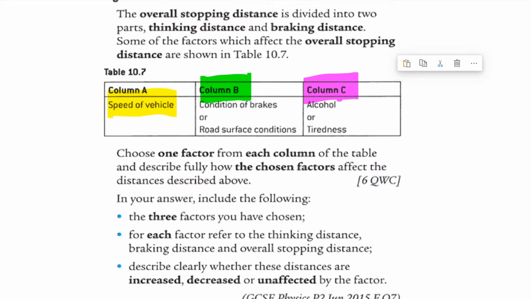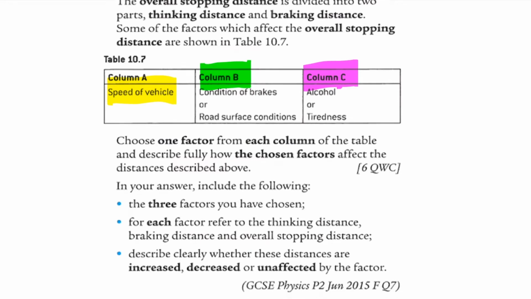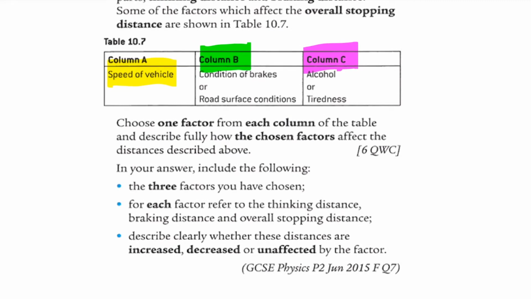It's a 6-mark question. So it's not going to be a 1 or 2 sentence answer. You've got to try and work out what would be in the mark scheme to get those 6 marks. And if you look underneath, you'll find the clues.